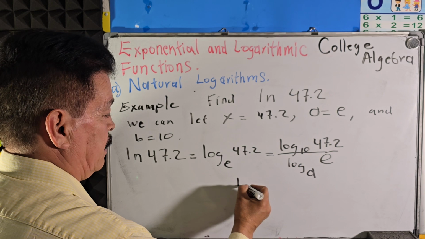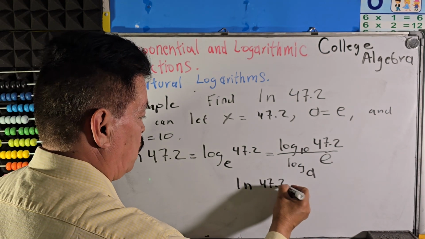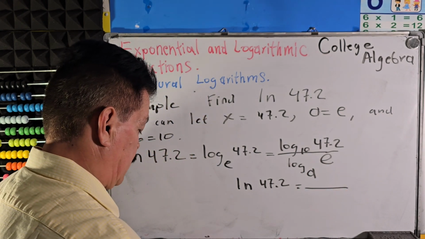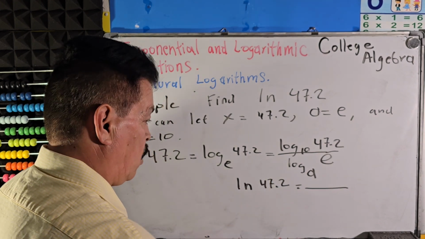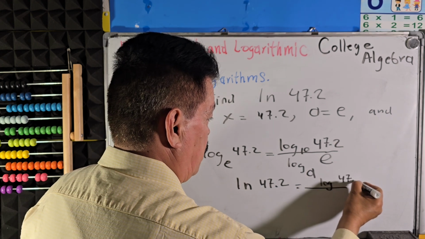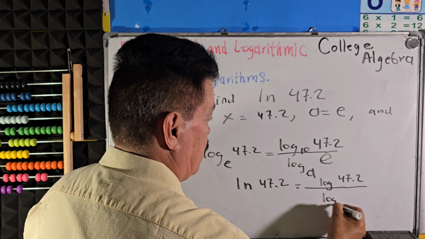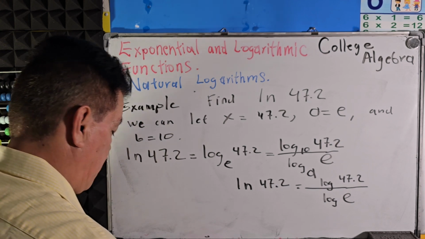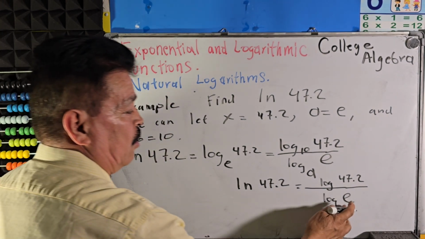Let's write natural log of 47.2 equals log 47.2 divided by log e. So remember the value of log e.